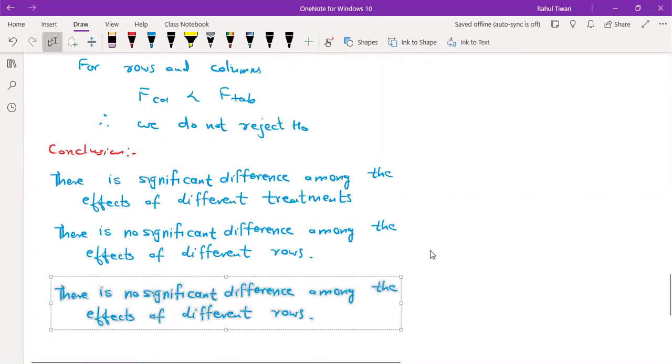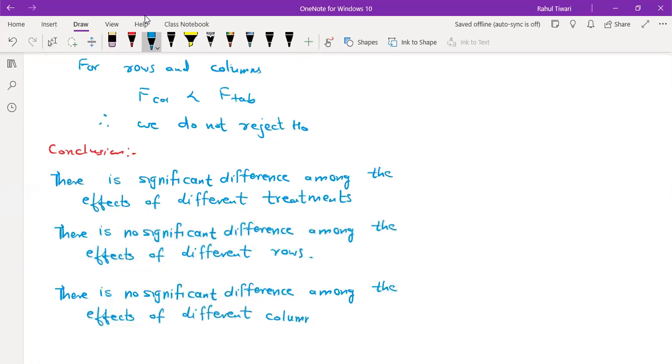So different rows and columns. So this is your hypothesis, like you can say the Latin square design.